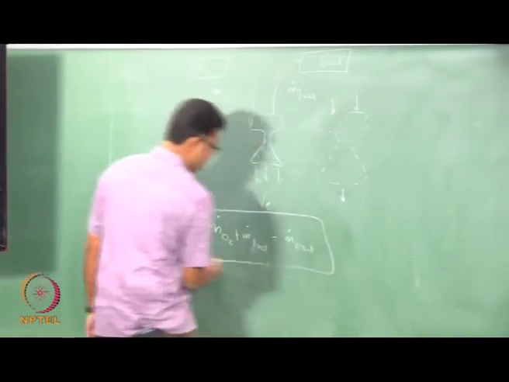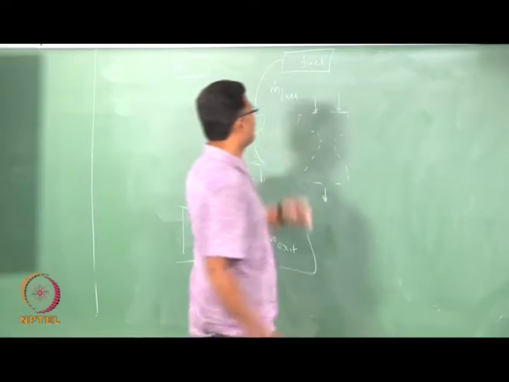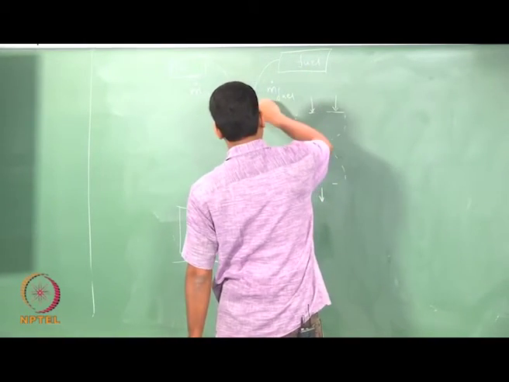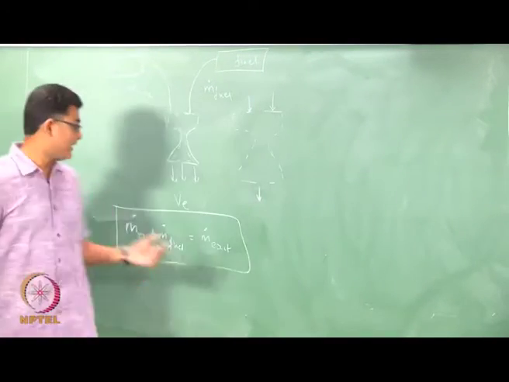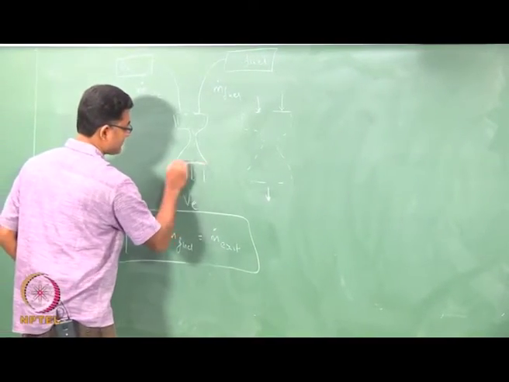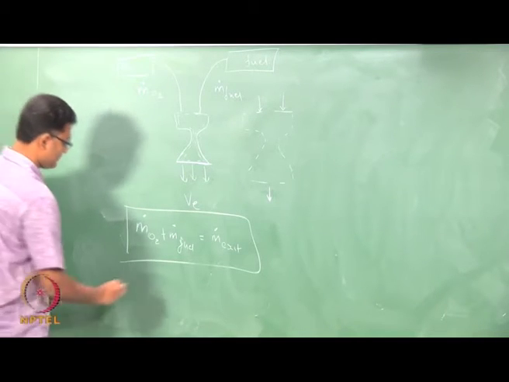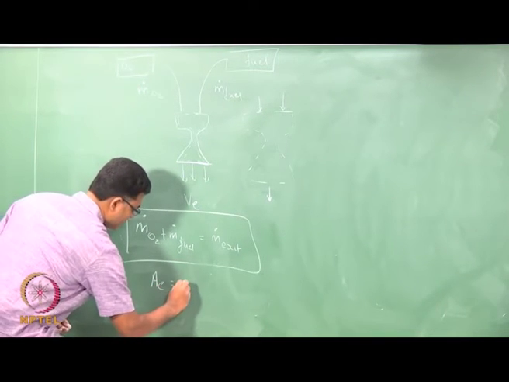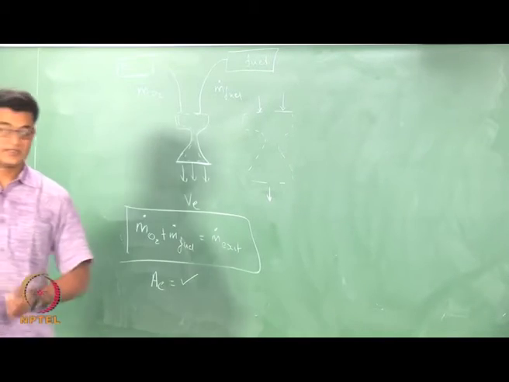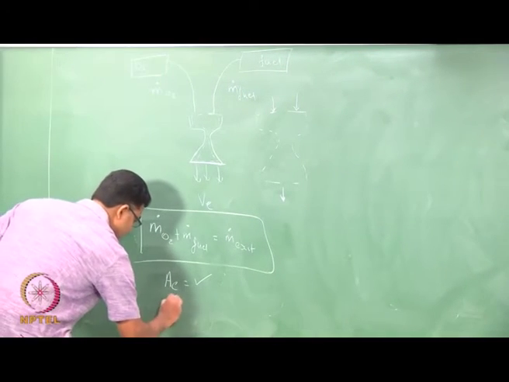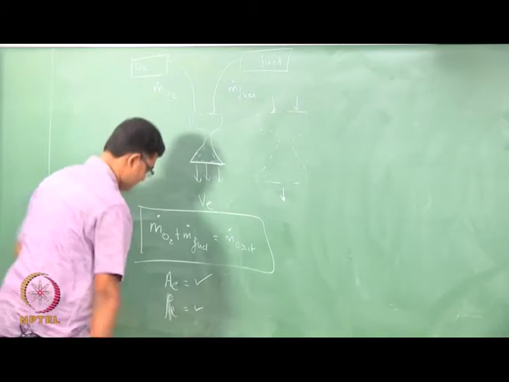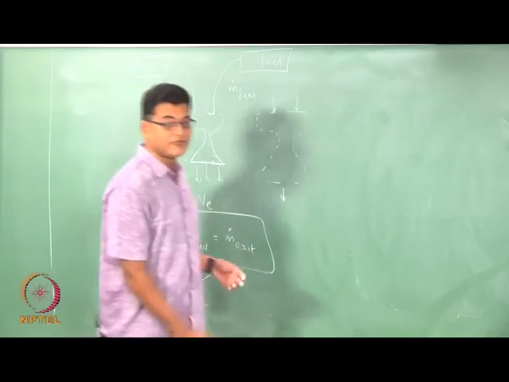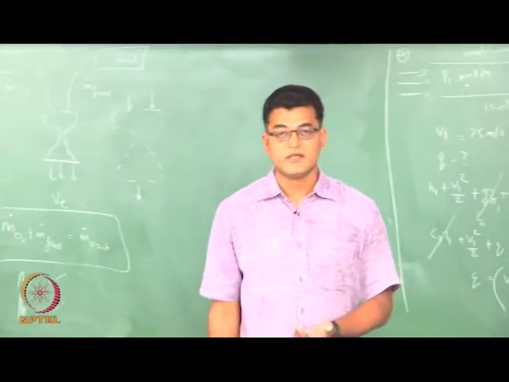So, you apply your mass conservation. If you know the area of the nozzle exit and the density at which the fluid is coming out of the nozzle, you could find the velocity of the exit.